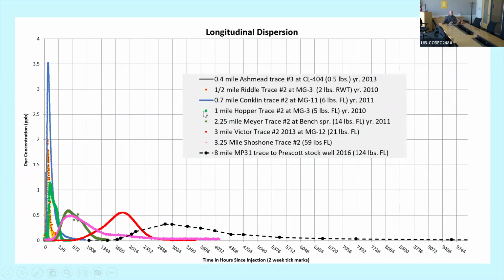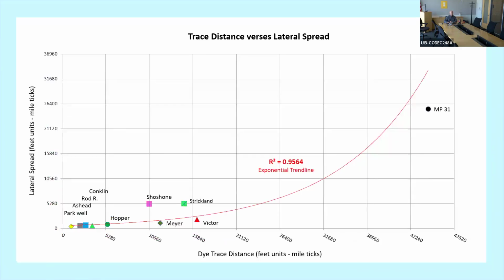As you can see, those are half a mile and 0.7 miles, 1 mile, etc. Then as you get longer distance traces, those longitudinal dispersions start expanding and extending outward until our longest trace at the 8-mile distance, which is the black line located here from the milepost 31 trace, the recharge site. So that's a little snapshot of the longitudinal dispersion.